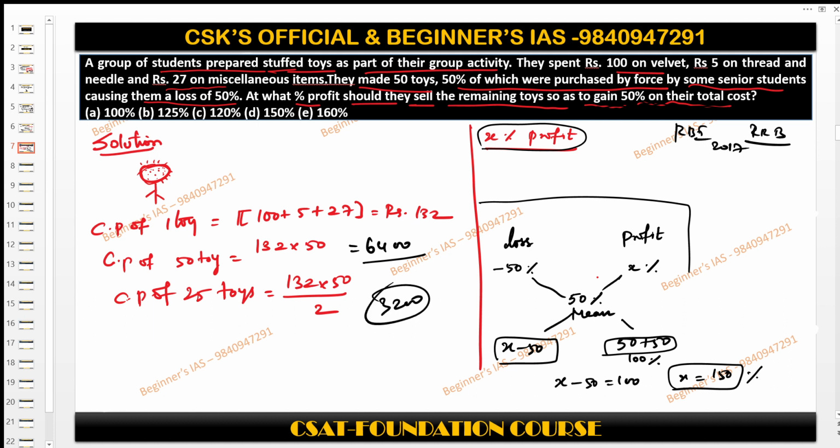Means the final overall amount should be 6400 plus 3200, that would be 9600 rupees. If you are calculating this one as 100 percent, then this is 50 percent, and the overall one is 150 percent. Then 9600 would be the overall cost. Yeah, that is what I'm saying. That is also correct.